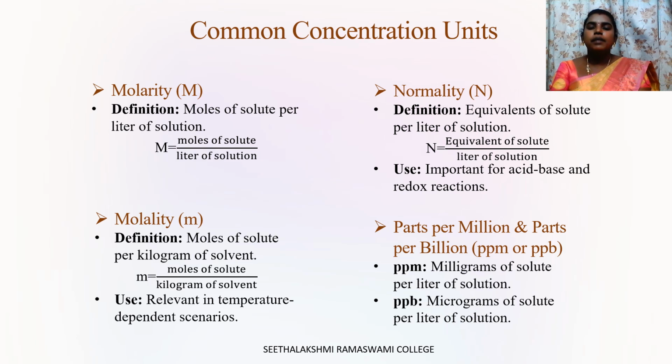Parts per million and parts per billion. Parts per million is indicated by ppm. ppm means milligram of solute per liter of the solution, and parts per billion, ppb, means microgram of the solute per liter of the solution.